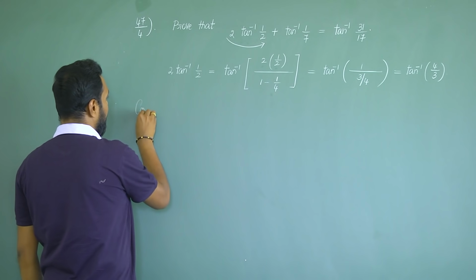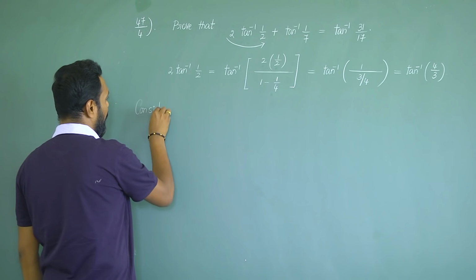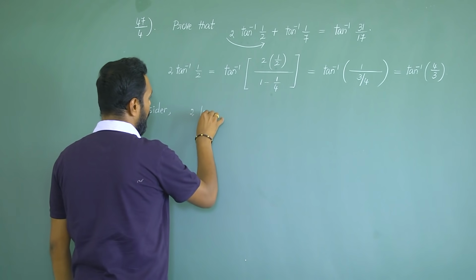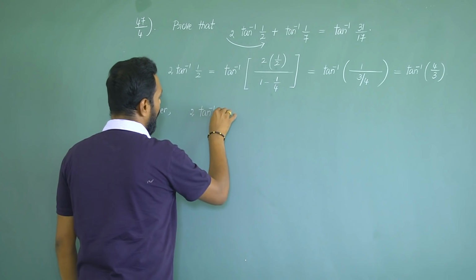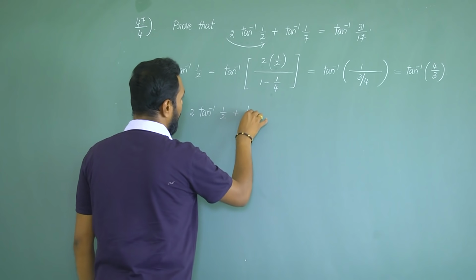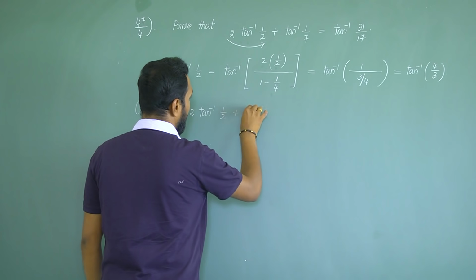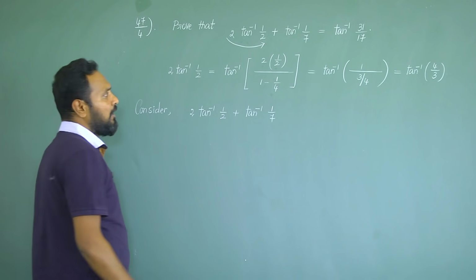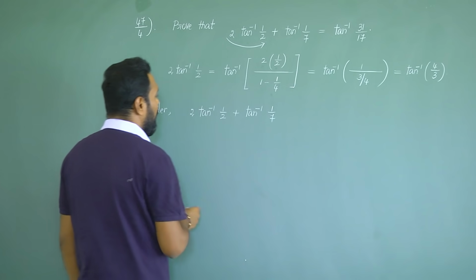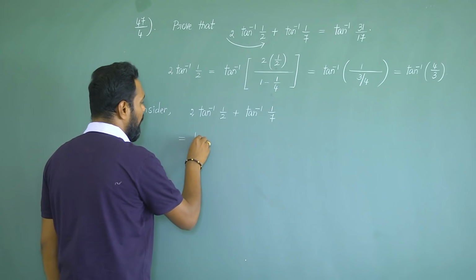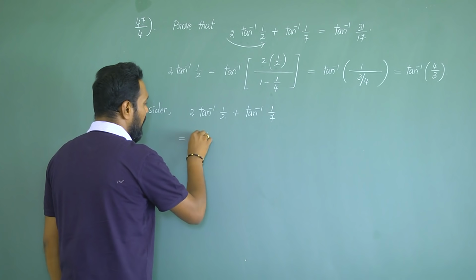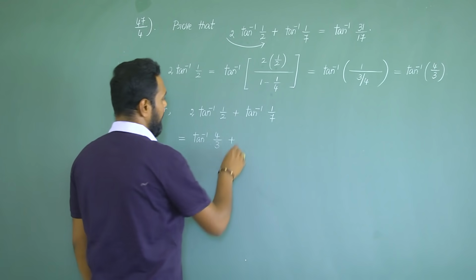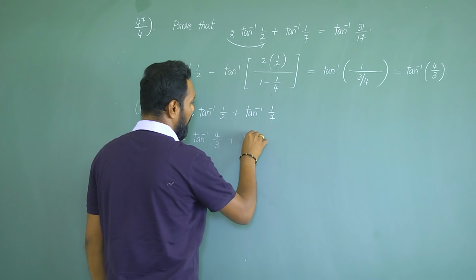For that, I am considering the given form first. Consider 2 tan inverse 1 by 2 plus tan inverse 1 by 7 it is. What is the simplification of 2 tan inverse 1 by 2 we got is tan inverse 4 by 3 plus tan inverse 1 by 7.